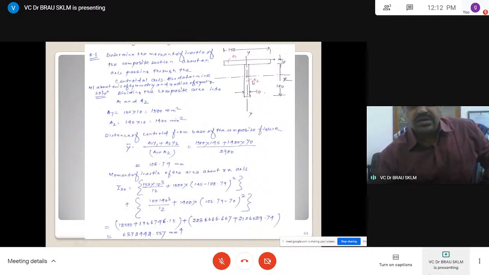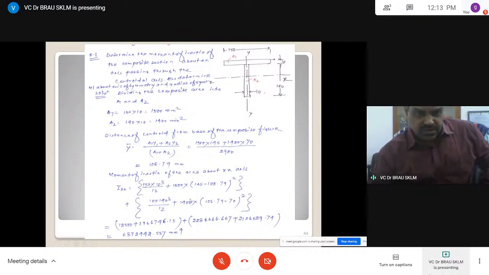Plus the second area, A2: 1/12 BD cube plus A2, which is 140 into 10, 1400. The centroid distance of this, minus, into x square.